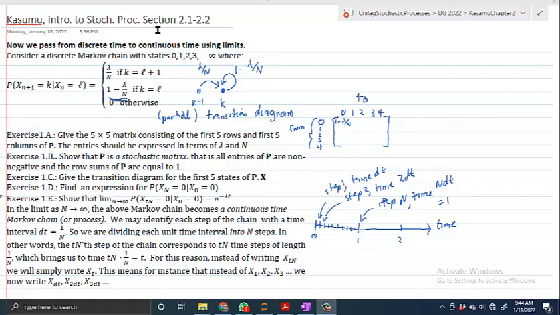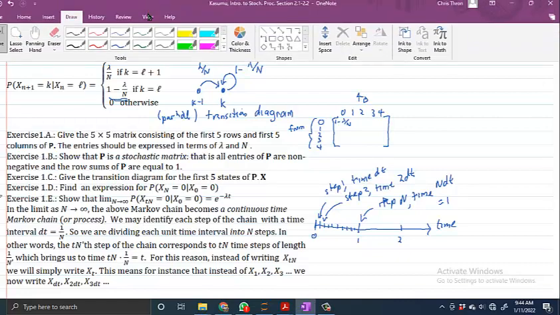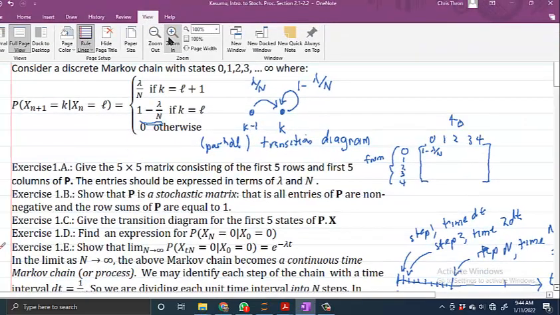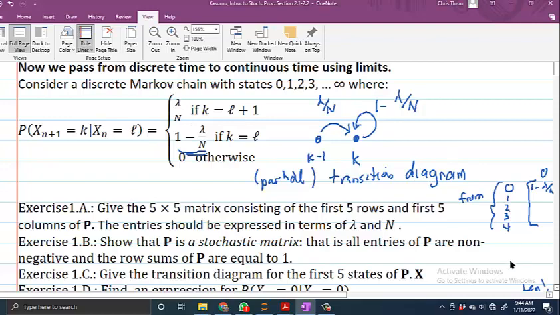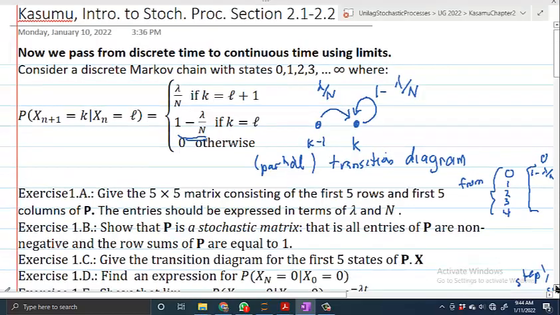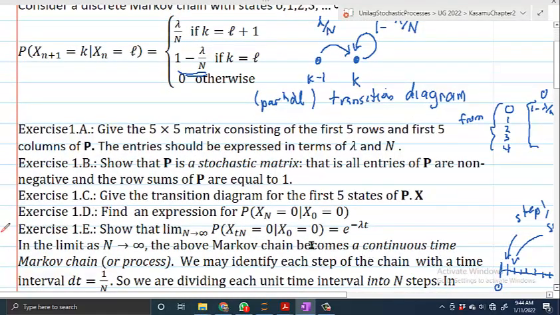First of all, I would like to make a correction to the first video. In exercise 1E, I mentioned the probability of xtn given x0. In the previous video, I had probability of xtn equals 1 given x0 equals 1.